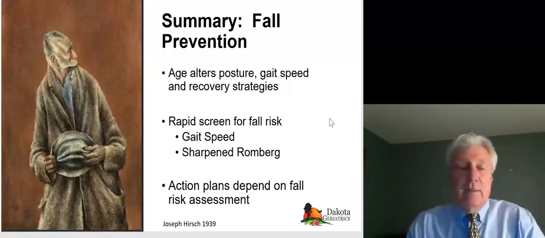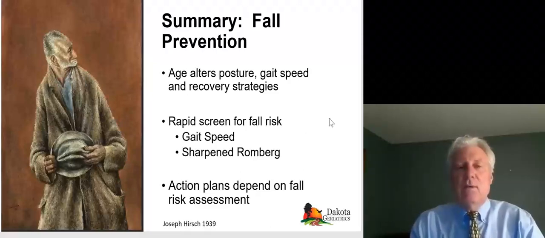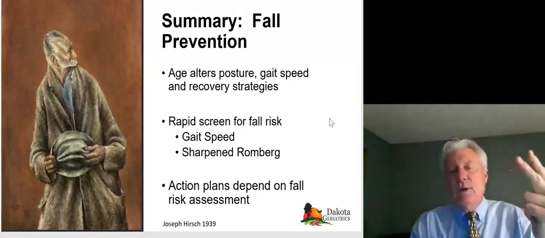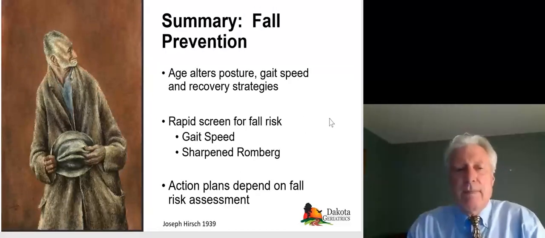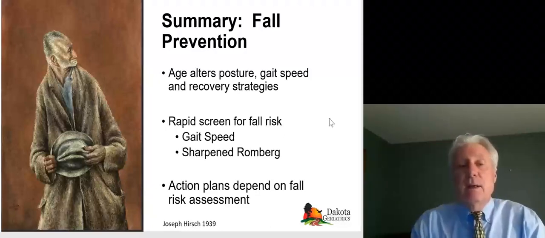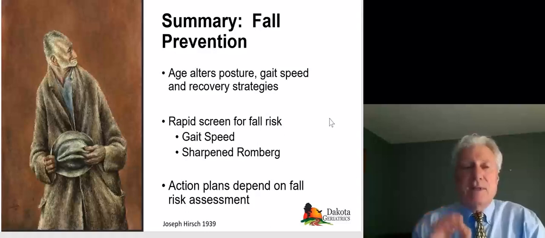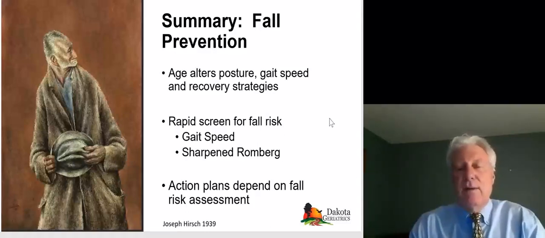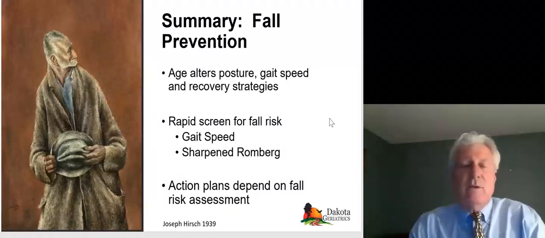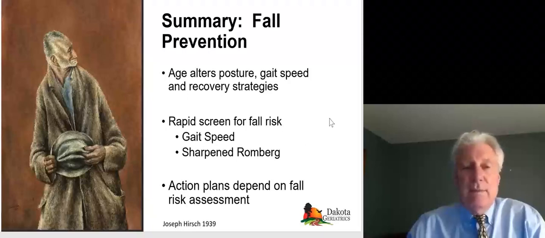And again, I prefer the gait speed simply because it is a risk factor not only for falls, but also for hospitalization as well as future memory loss. And then finally, we want to create an action plan, and that action plan depends upon patient-specific problems that are identified through a very systematic, almost checklist fashion of asking all those questions that we talked about.